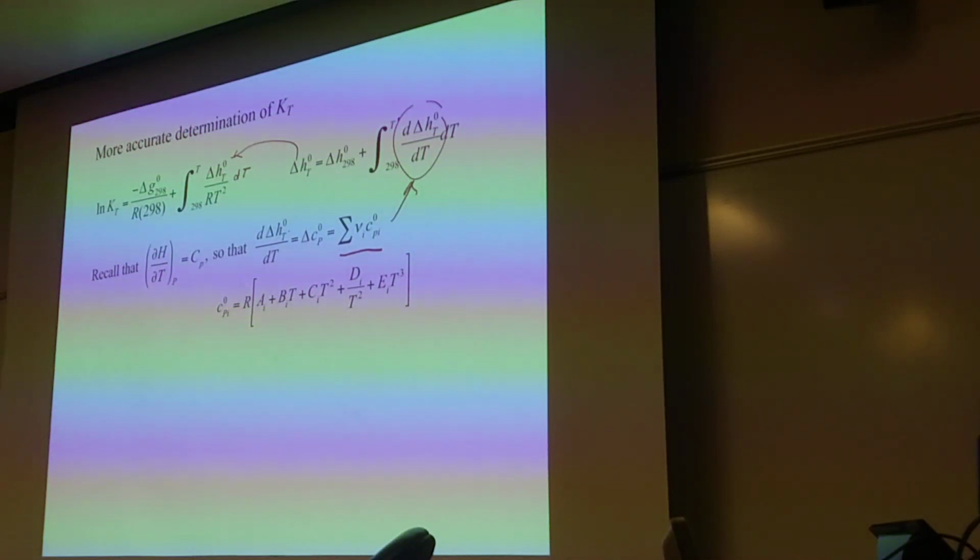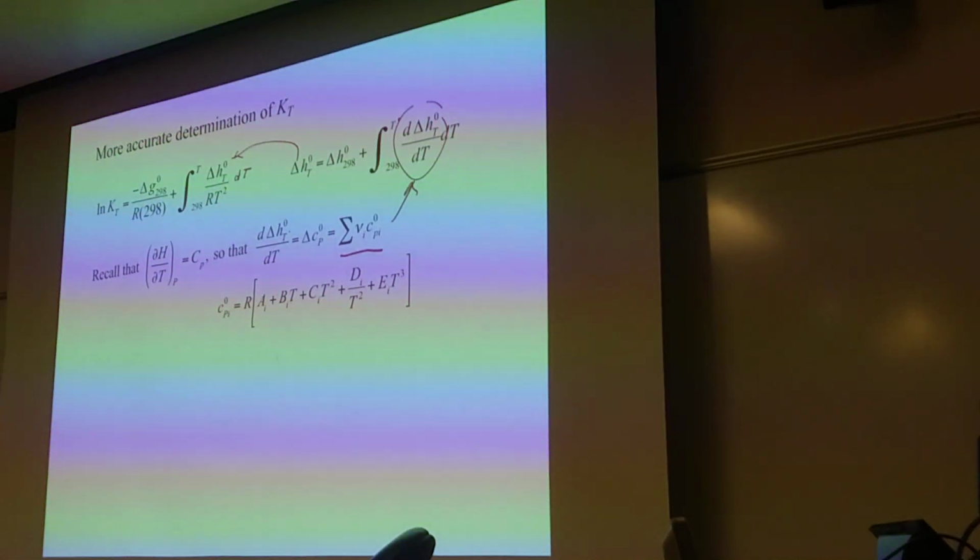Now we can write this expression out in terms of the temperature dependence of the heat capacities of all of the individual participants in the reaction. And we have those tabulated in the appendix of your textbook in the following way. The heat capacity is the gas constant times a function of temperature, which is some constant A plus another constant B times temperature, plus C times T squared, then another one, D over T squared, plus possibly T cubed.